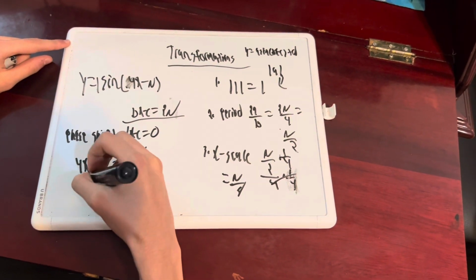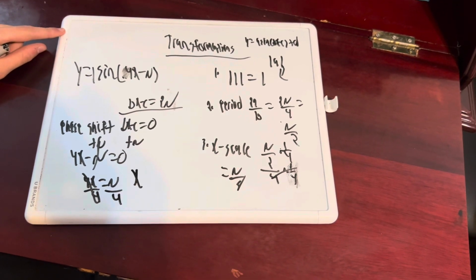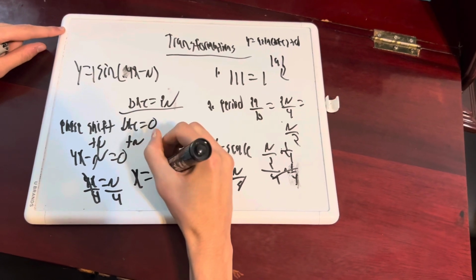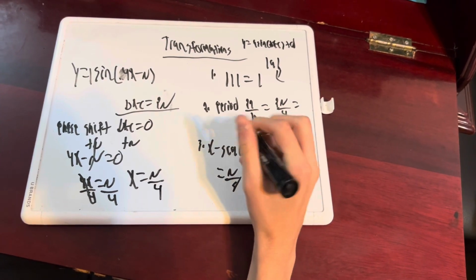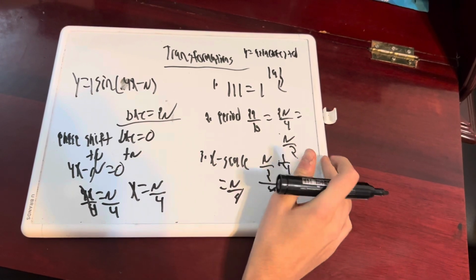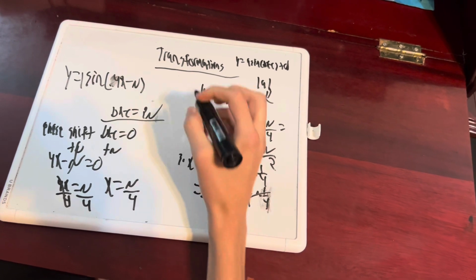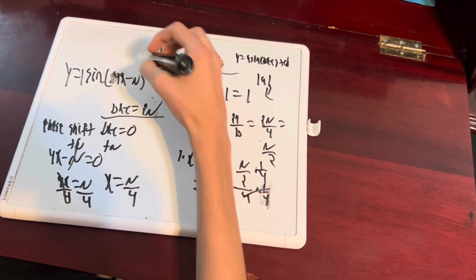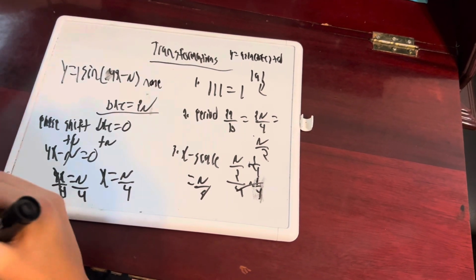We divide by 4 on both sides, and our phase shift, or our new starting point, is pi fourths. And the last thing we see is d, but it's none, so we don't have to worry about d.